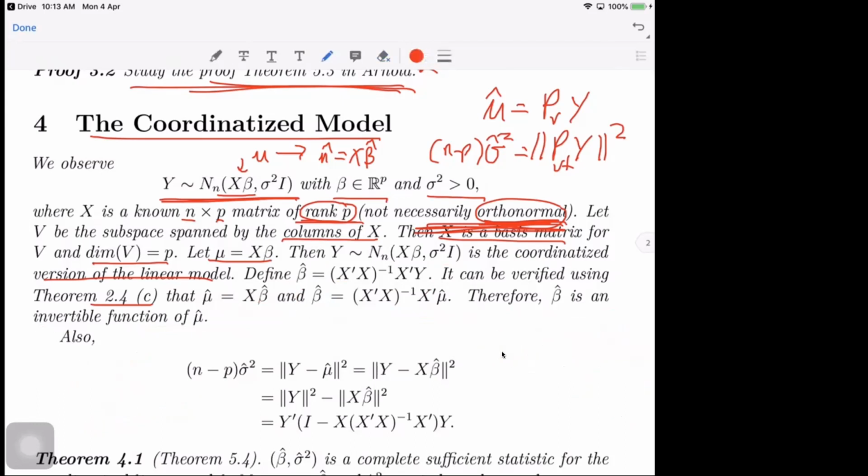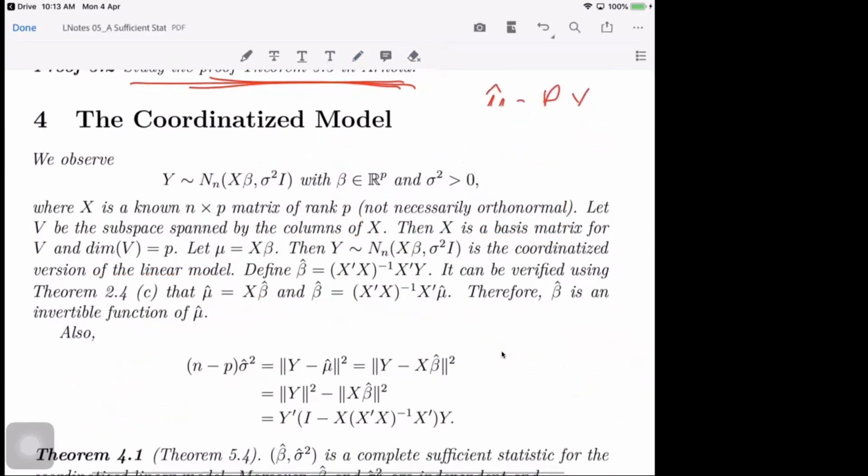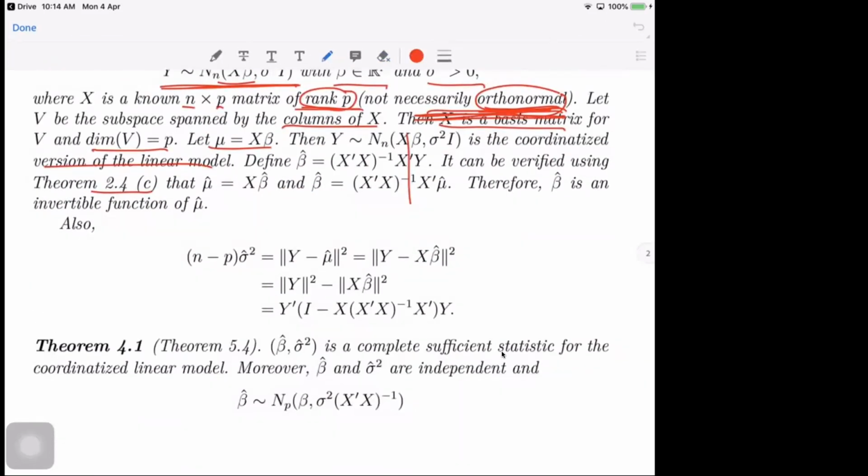Also, n minus p times sigma hat square in terms of the coordinatized version of the linear model will be equal to this, by substitution of mu hat, that is X beta hat. If you expand this, it is (Y minus X beta hat) prime times (Y minus X beta hat).